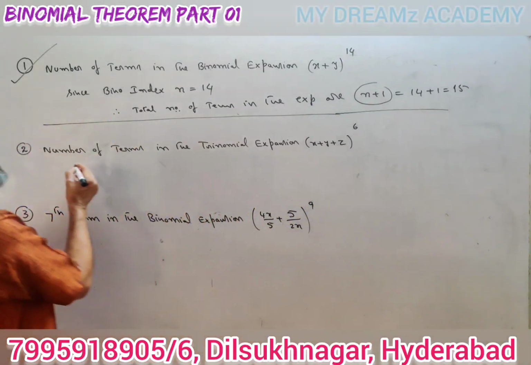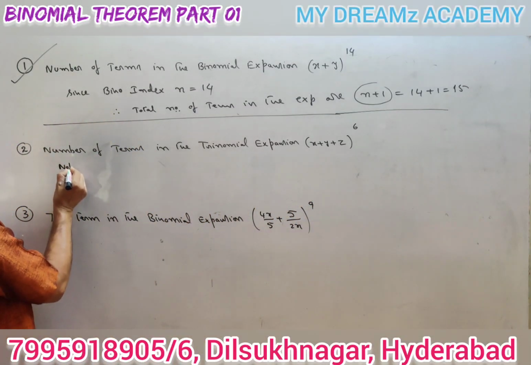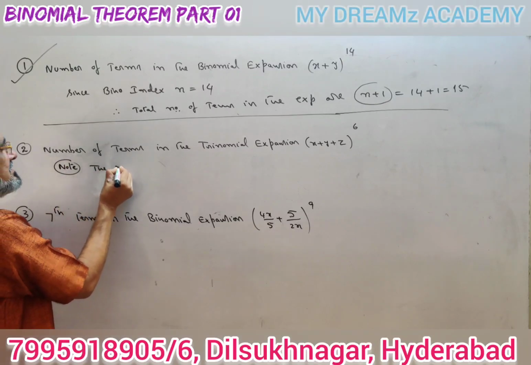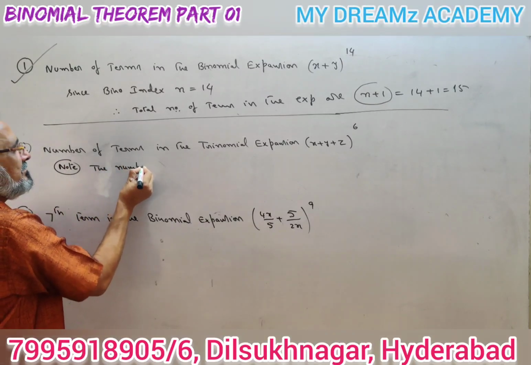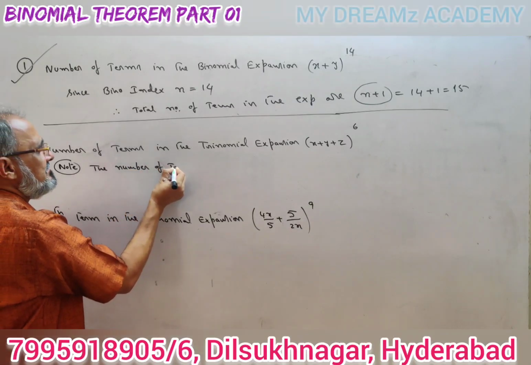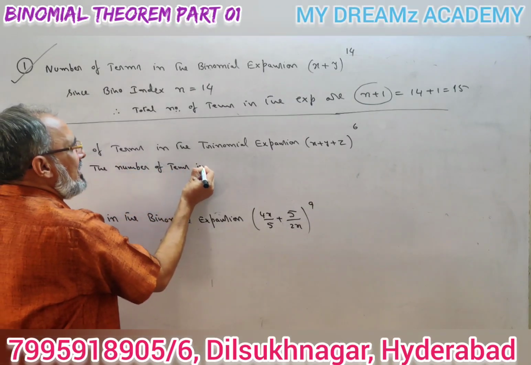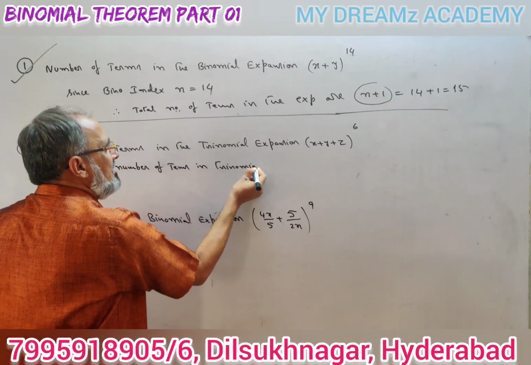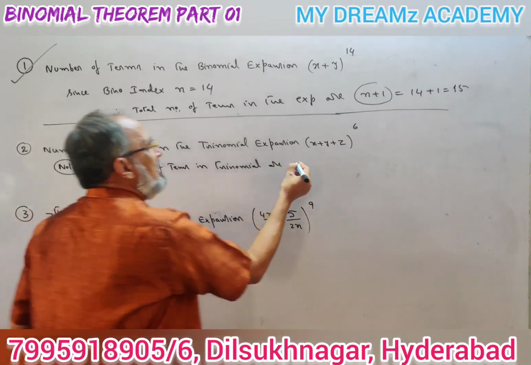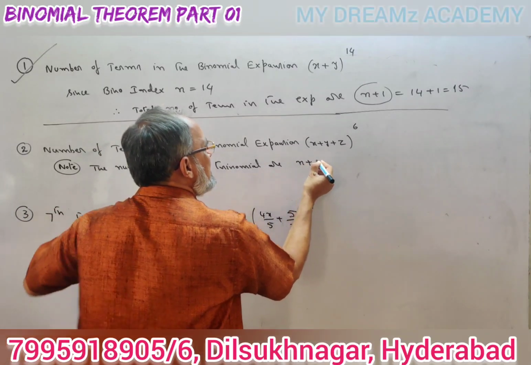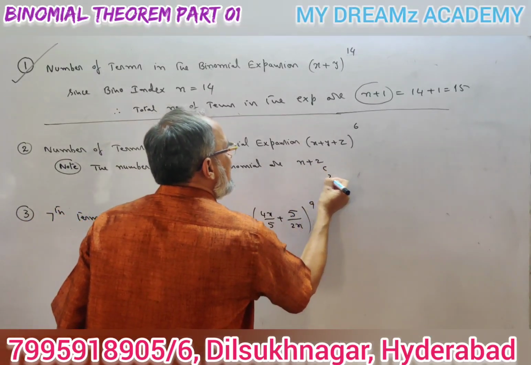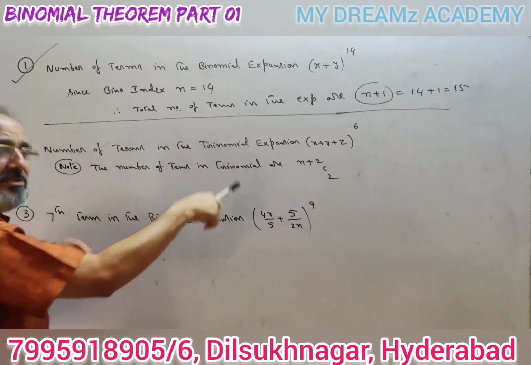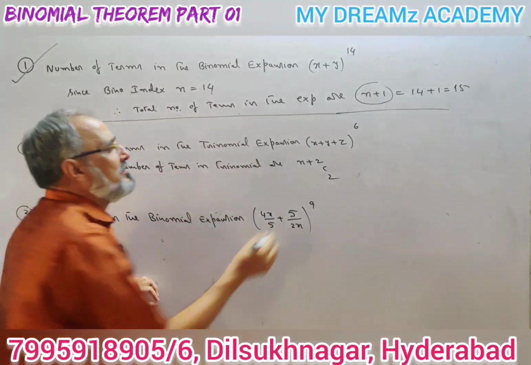For this, a small note you can write down: the number of terms in a trinomial is n plus 2 C2.